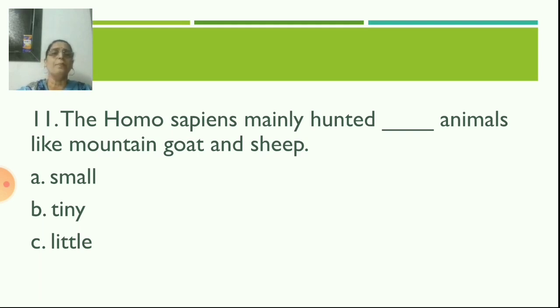The Homo sapiens mainly hunted dash animals like mountain goat and sheep. Options are A. Small, B. Tiny, C. Little. And the answer is A. Small. So students, the Homo sapiens mainly hunted small animals like mountain goat and sheep.